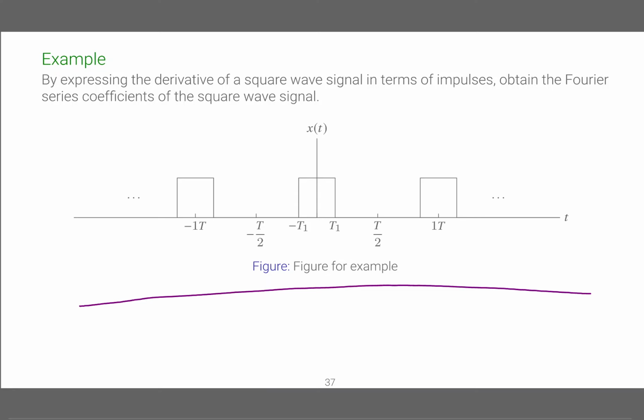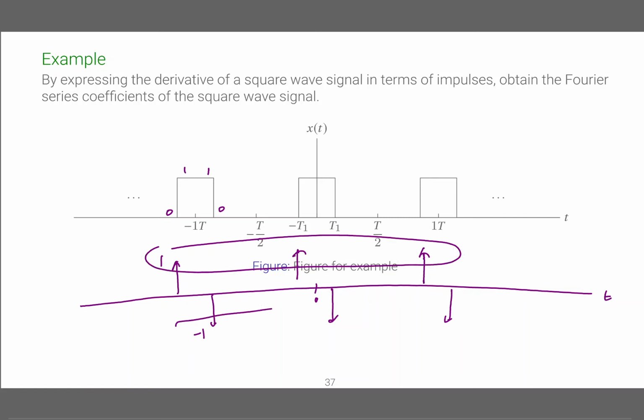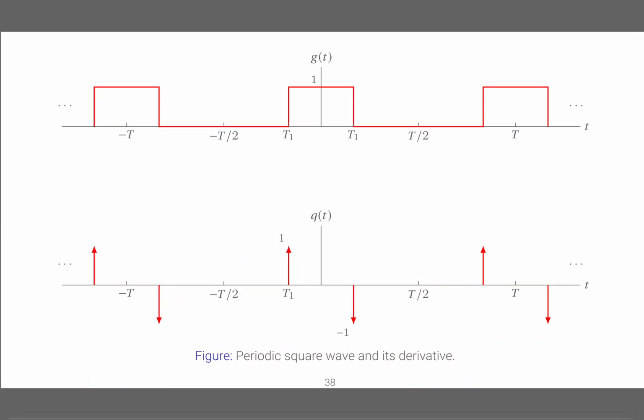So if you think about the derivative of this, right here there's a transition from 0 to 1, so we can consider that it's an impulse like this here, and a transition from 1 to 0, this one, like this. Okay, so now we can consider this as a sum of two impulse trains. They are time shifted. Then we can obtain the Fourier series coefficients using that knowledge.